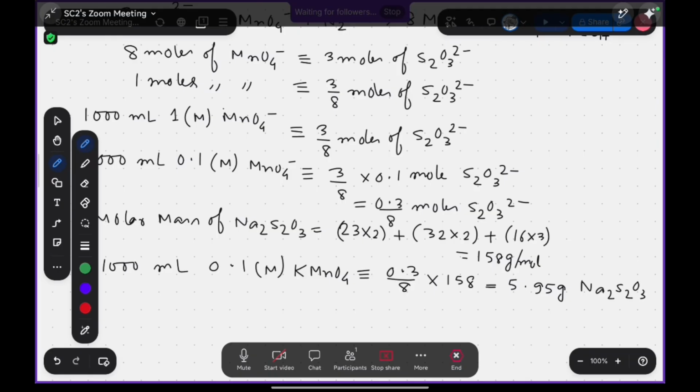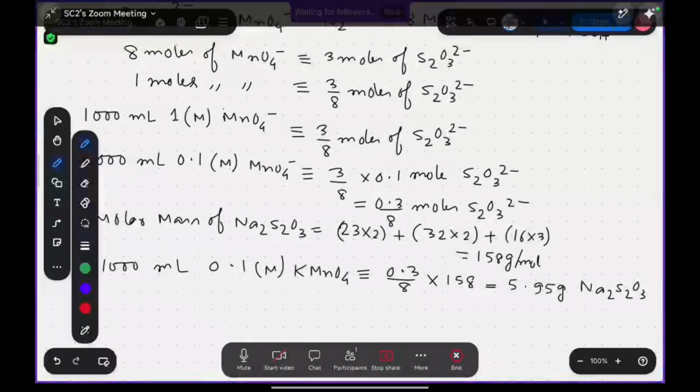However, in the question it is not given 1000 ml. The concentration is given 0.1 molar, but the volume is not given. If it is 1000 ml 0.1 molar KMnO4, then it reacts with 5.95 gram sodium thiosulfate. You have to find out the volume of KMnO4 now. It is not 1000 ml.